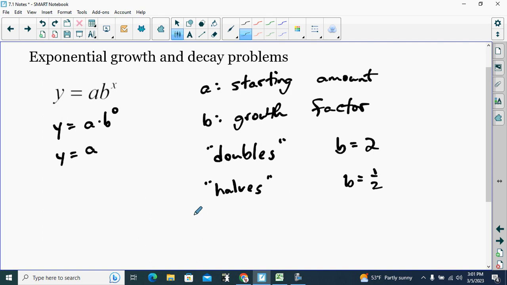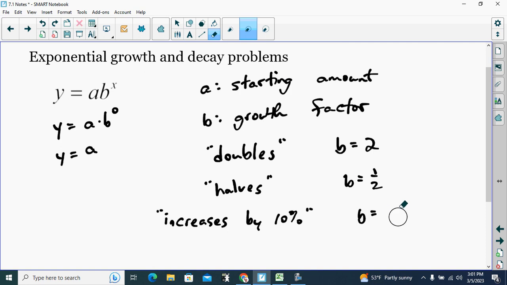The ones we tend to struggle with a little more, if it says something like increases by 10%. Well, we can't make b equal to 10 because that means we'd multiply by 10 over and over again. And b also shouldn't be 0.1, because b equals 0.1 would be decay, and it's increasing, going up.